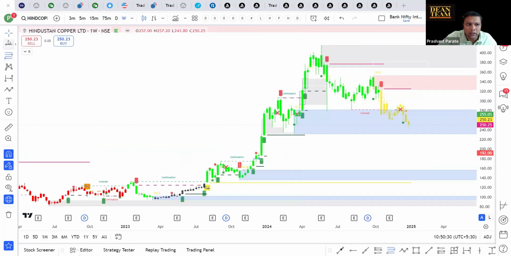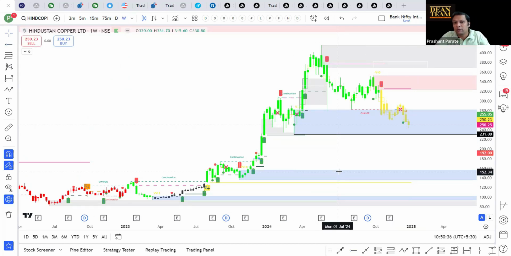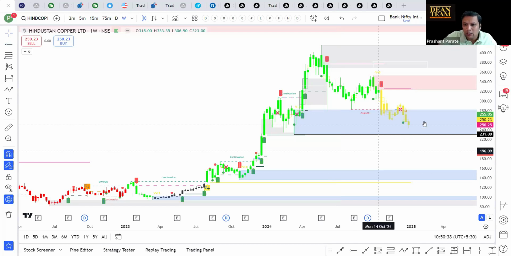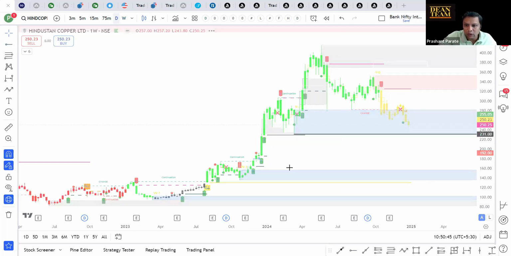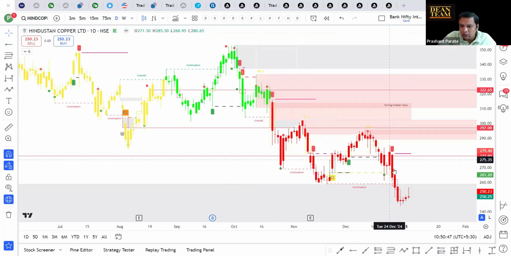If you want to take a trade based on the weekly chart, you can buy here with a stop loss of 231 on weekly closing basis, and it may go up to this area also. It can go up to 322, but the trend on daily is down and the force on daily is also down, so it may not be a very successful trade.